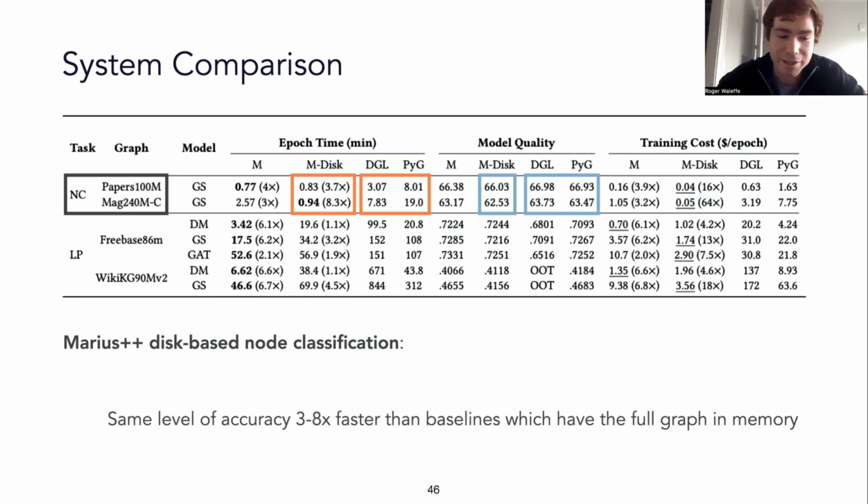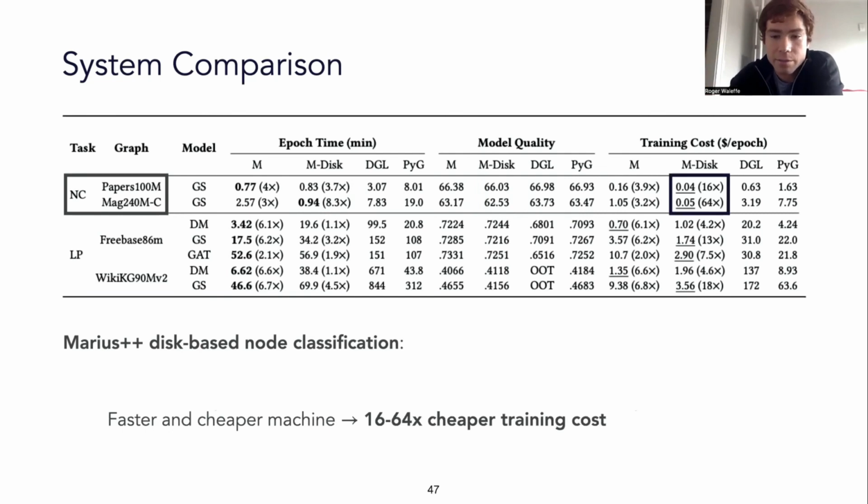In fact, the Marius disk-based training on the 380 gigabyte Open Graph Benchmark MAG dataset, which we've been seeing as an example throughout this talk, is actually faster than the in-memory training of Marius++ on this graph, because the neighborhood sampling and forward pass computations become more efficient when operating on these reduced in-memory subgraphs rather than the entire graph. The key benefit of this disk-based training is that Marius++ is not restricted to expensive machines with lots of CPU memory to train these graphs. Instead, we can use these cheap machines, leading to 16 and 64x cheaper training for large-scale node classification.